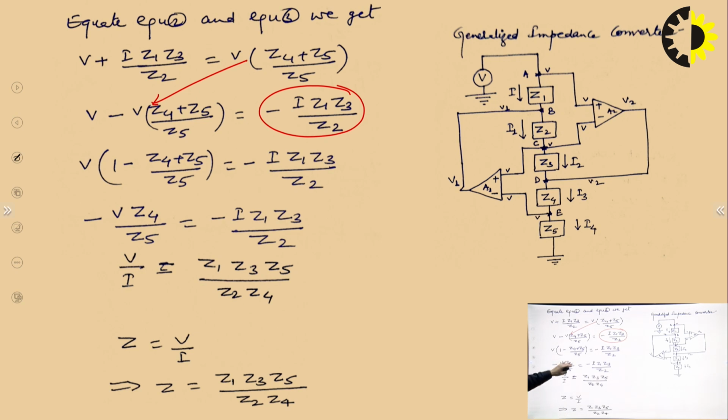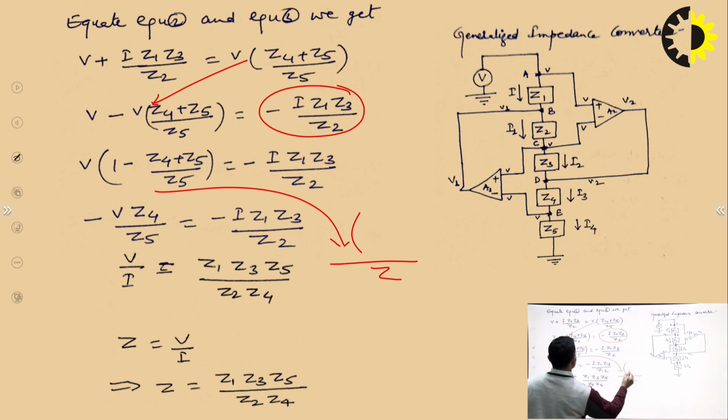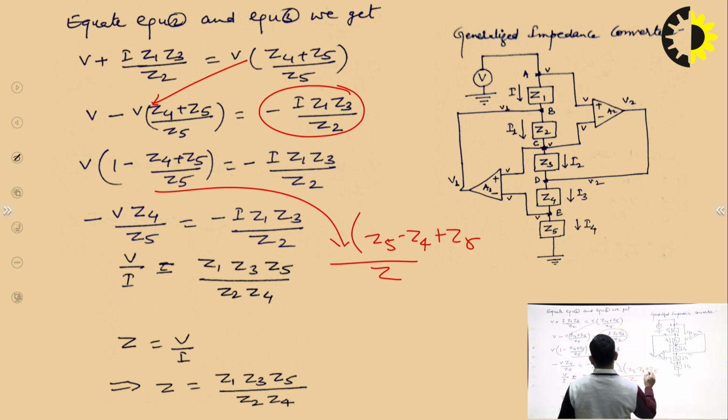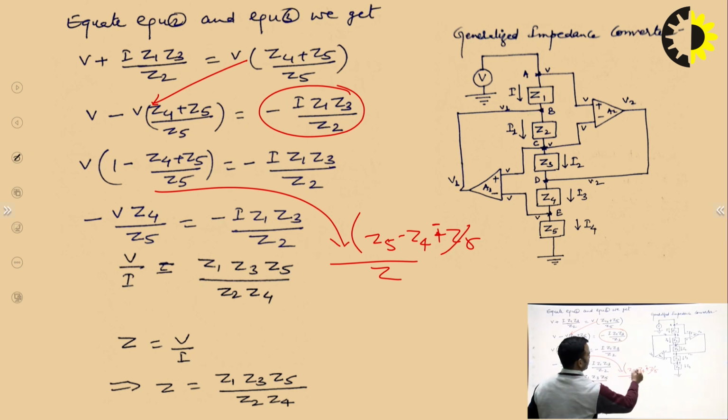If we take LCM, we will get Z5 minus Z4 plus Z5 upon Z5, and it will become minus Z4.